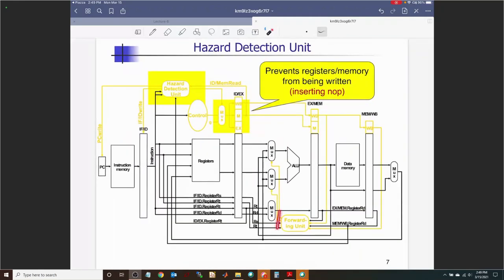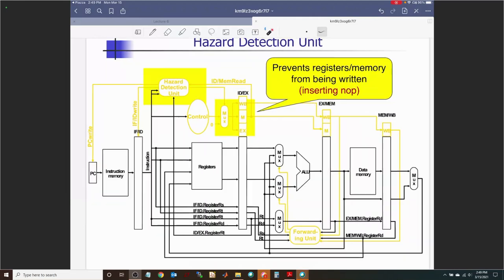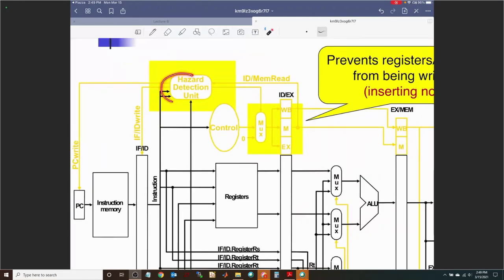Note that the register forwarding unit is also there. It still exists in our pipeline, in our data path. We have just added another unit to do a special detection for the load use hazard. So it is taking in an input from the IDEX pipeline register that tells me what is memread, is it 1 or not. If it is 1, I know we are loading. And it also takes in 2 more values.